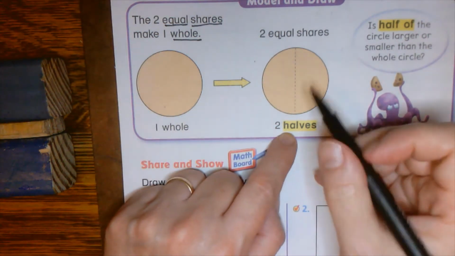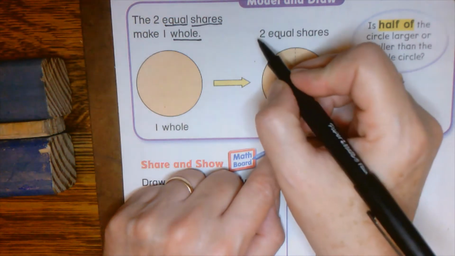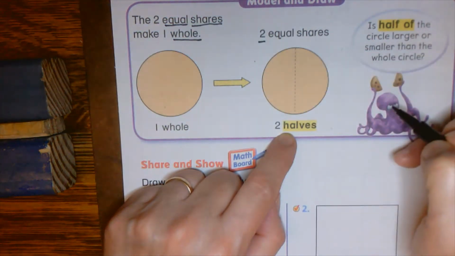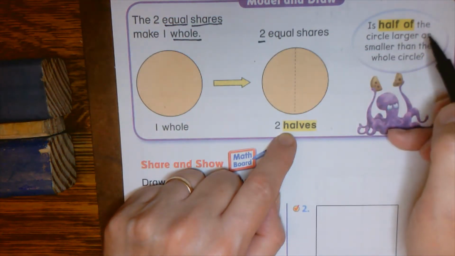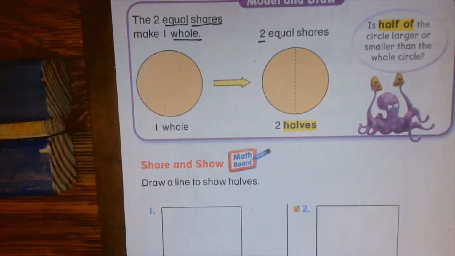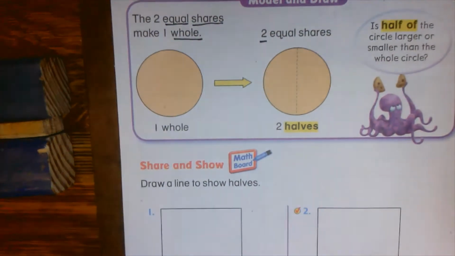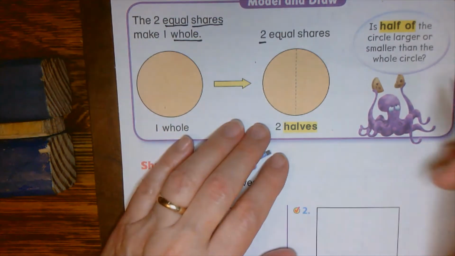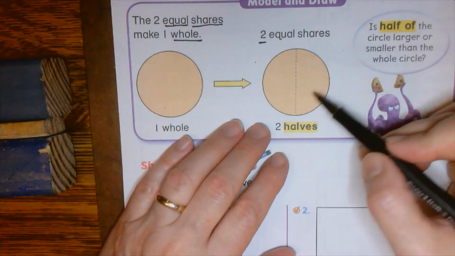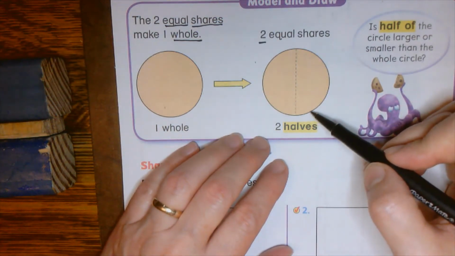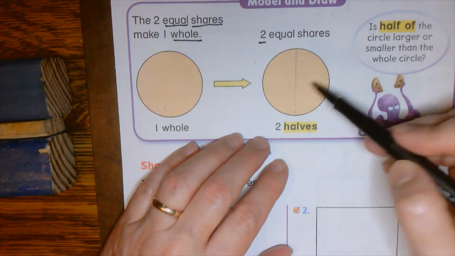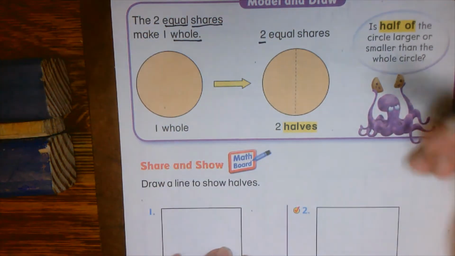But when we have halves, we've separated it into two equal shares. Is half of the circle larger or smaller than the whole circle? Well, I hope that answer is kind of obvious for you guys. Here's a half. Is that larger or smaller than the whole thing? I hope that's obvious.